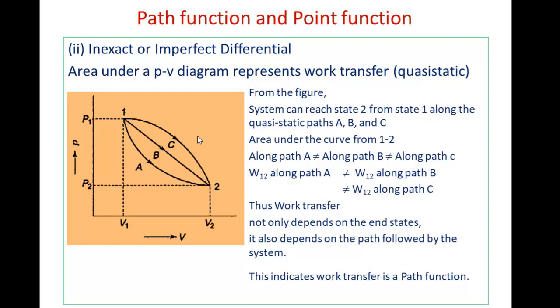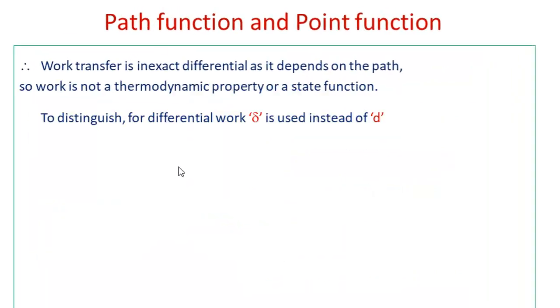Whereas, for example, work transfer, when a system undergoes a process, depends upon the path followed by the system and also the end states. So such functions we call path functions. Now this is an inexact differential and it depends upon the path followed by the system.